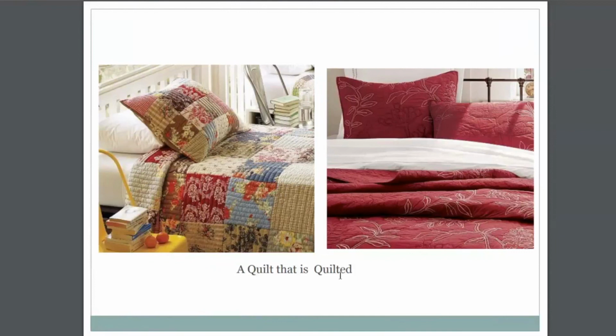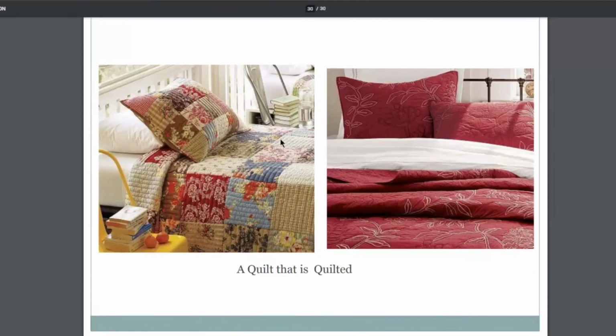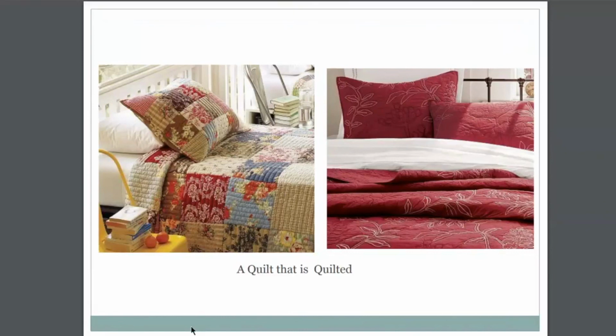This is a quilt that is quilted. So not only is it the patchwork quilt, but then all of these channels have been put in at alternating angles to be quilted. And then the squares themselves have to be quilted for the 3 layers: the batting, the top layer of the quilt pattern, and then the bottom layer, which is usually a solid.